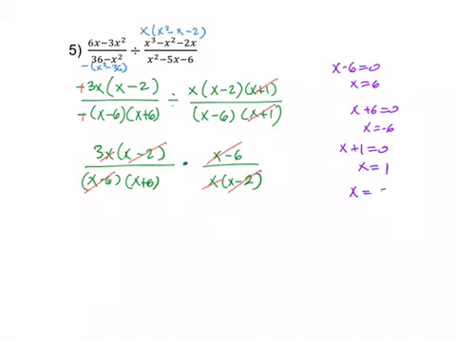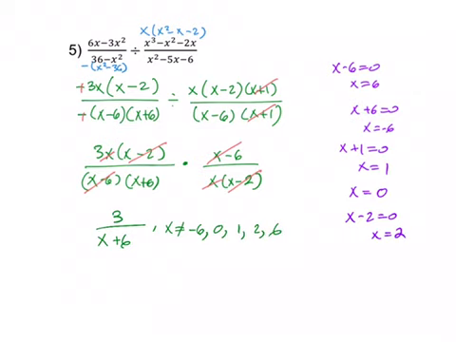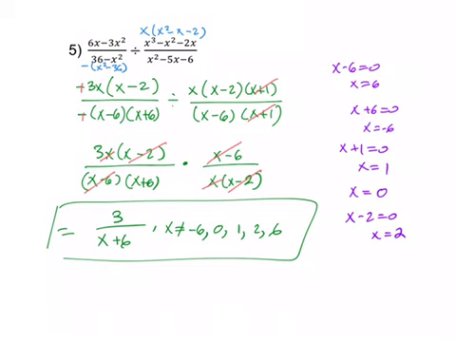So x cannot equal 0, and x minus 2 cannot equal 0. Now this is the same as 3 over (x + 6), where x cannot equal negative 6, 0, 1, 2, or 6. And that is my division of those two fractions.